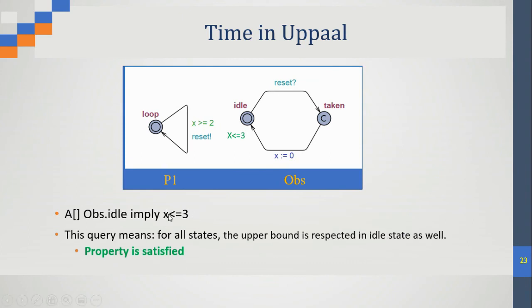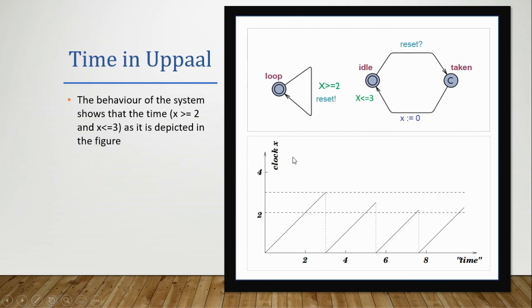If we just ask whether the time is less than 3, of course it will be the same, because if we are in the idle, that means x is less than 3, yes, it should be satisfied. So here, as we see, the time starts from 0 and goes up, but cannot go more than 3, because we are controlling the time here.